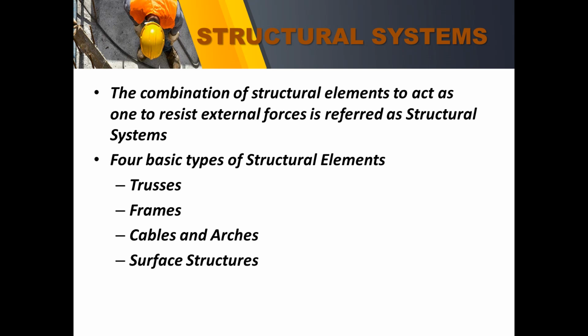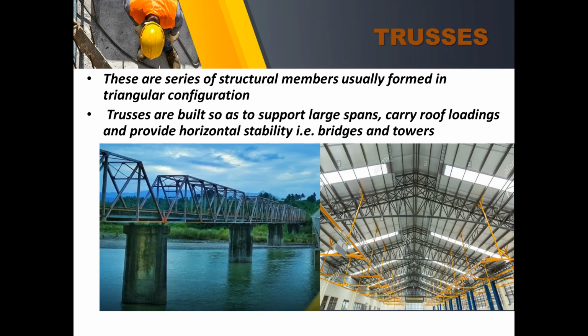So we have learned that there are several types of structural elements. So these are trusses, frames, cables and arch, and then surface structures. So to give you an overview, we have trusses.